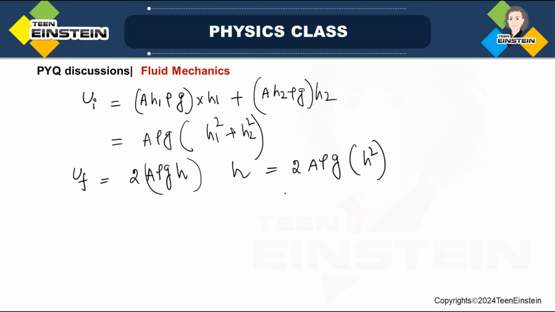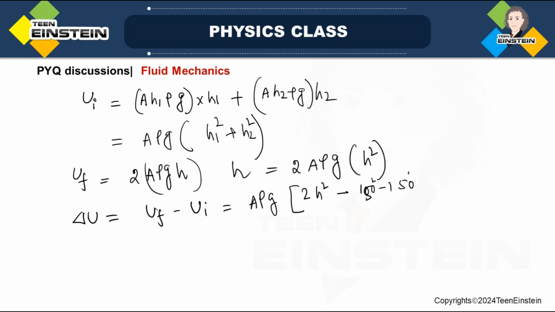So what is the difference in energy? That is Uf minus Ui. Let me find out that. A rho g common. This is 2h square, and this will be minus h1 square minus h2 square, right? 150 square, and this is 100 square.